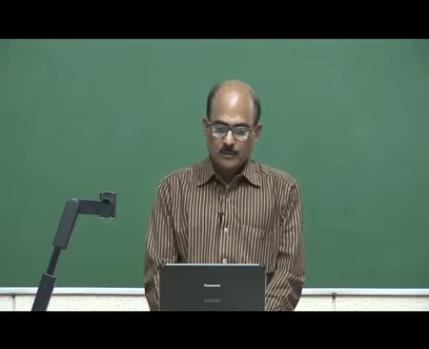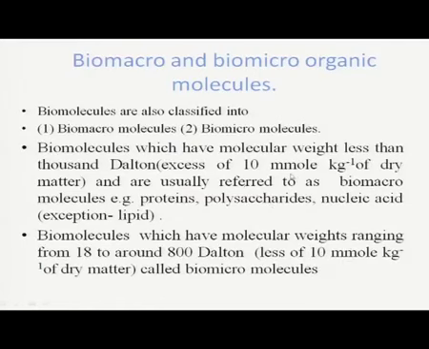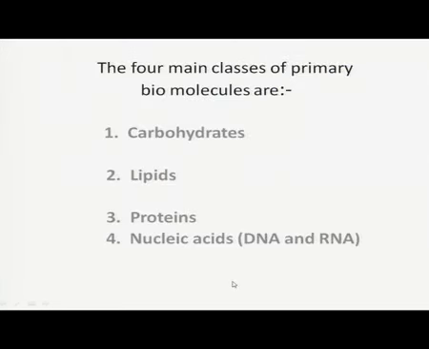Biomacromolecules are greater than 10 mmol per kg; when it is less than 10 mmol per kg of dry matter, that is called biomicromolecules.